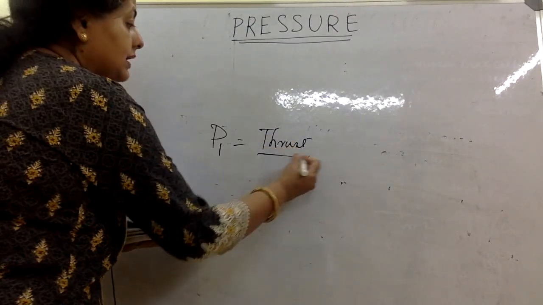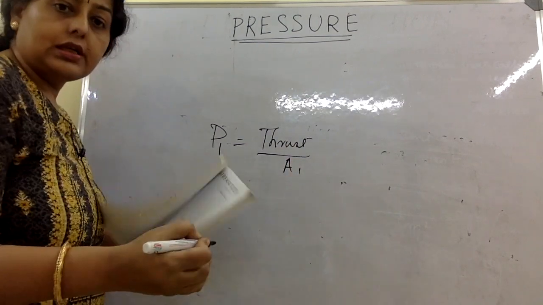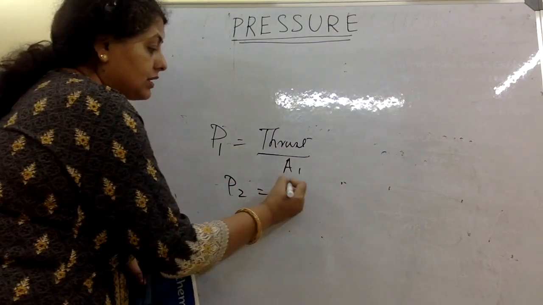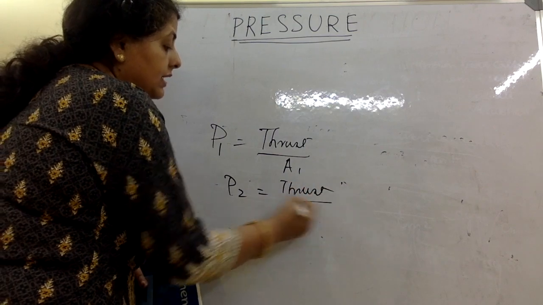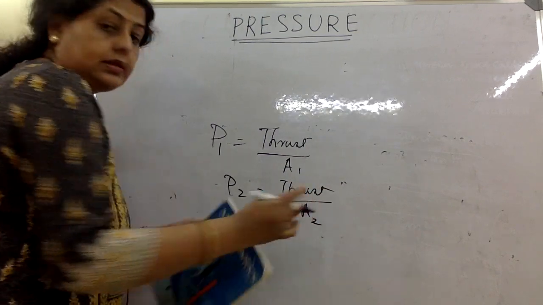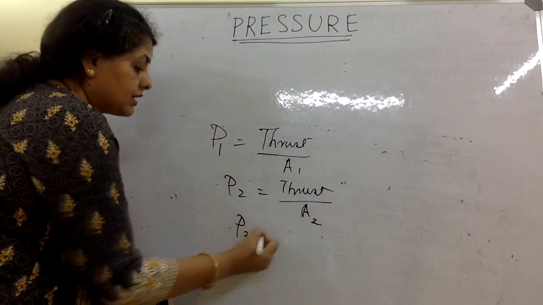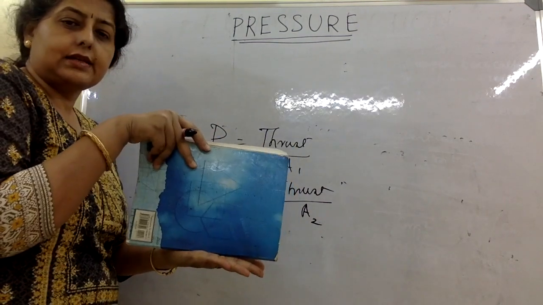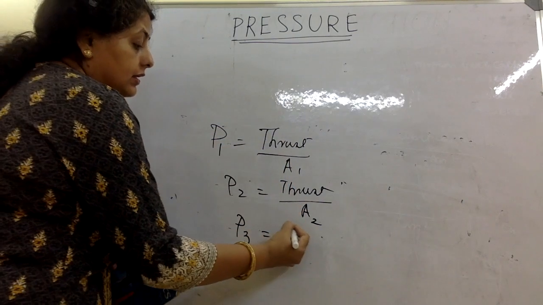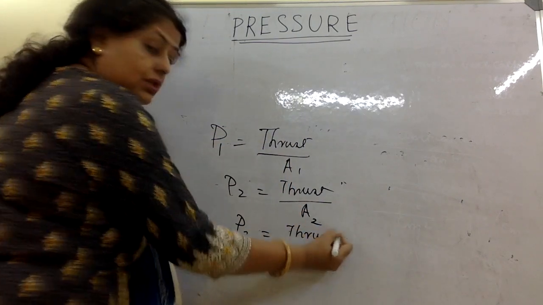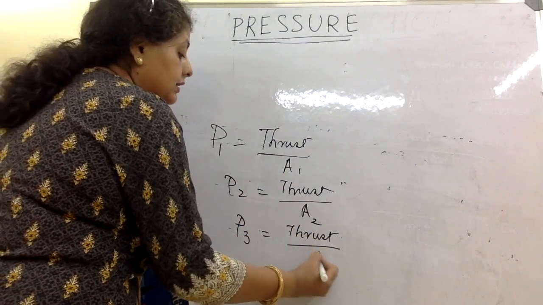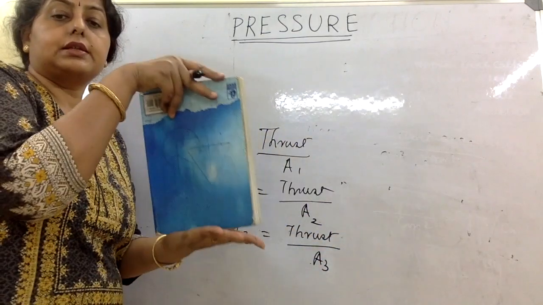Then P2 is the same thrust by A2, this condition. P3 is the thrust by A3, where something like a box would stand like this. This book is not standing without a support, but it can be this condition.